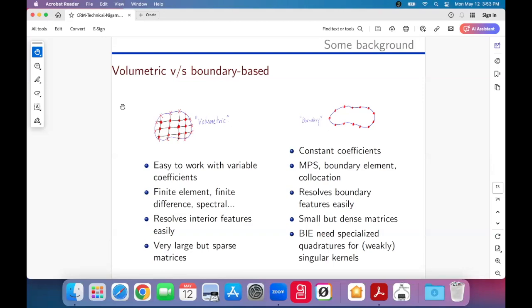You are led to small but dense matrices. Okay? So the linear algebra questions become very different, and they are serious. There's a lot of work that goes into trying to work with these small but dense matrices. And because the objects that we're working with involve convolutions of fundamental solutions or their derivatives, we need specialized quadratures.